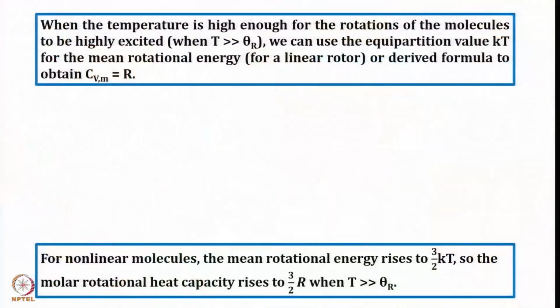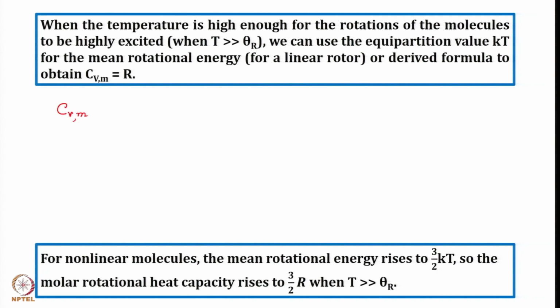Now, you consider rotation of a molecule. There are two types of rotors we have discussed. One is a linear rotor like carbon monoxide, carbon dioxide, or a non-linear rotor, an example is the water molecule. We have to again use the expressions for the mean energy.